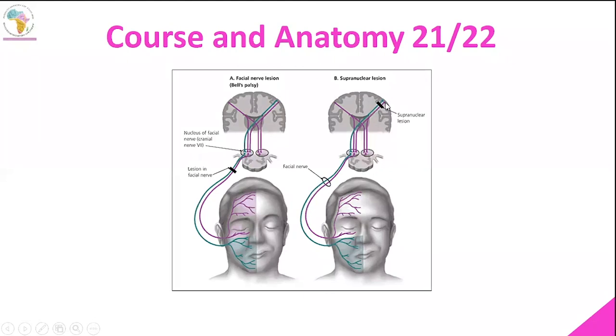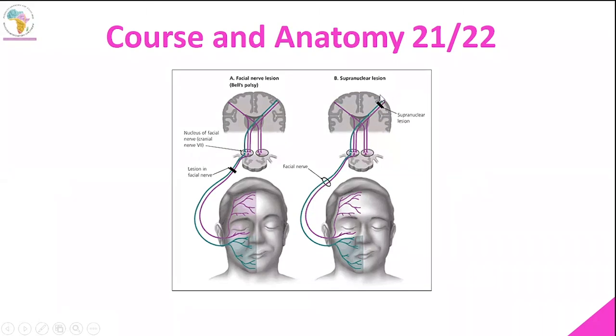So this simply means that if there's a lesion in this aspect, the lower motor neuron that supplies the lower half will be affected because it is not receiving a compensatory bundle of fibers from the ipsilateral side. However, the fibers that innervate the upper portion of the face receive information from both the left and the right.